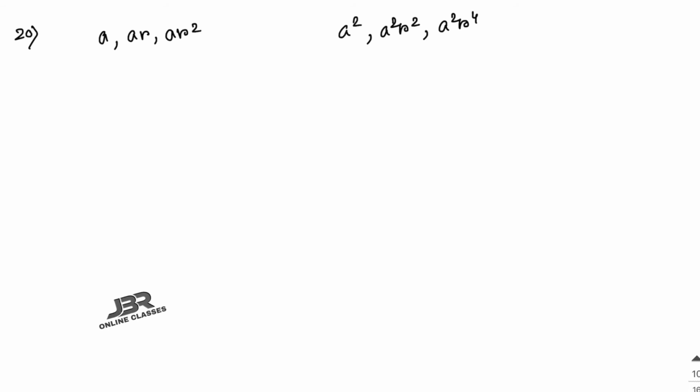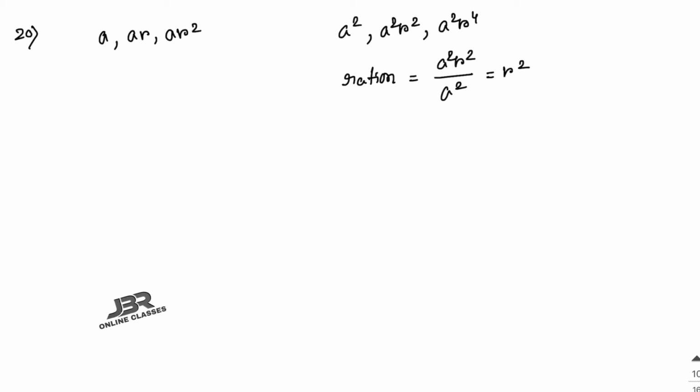So the common ratio is A square R square by A square, which equals R square. Thus the given sequence is a GP with the first term A square and the common ratio R square.